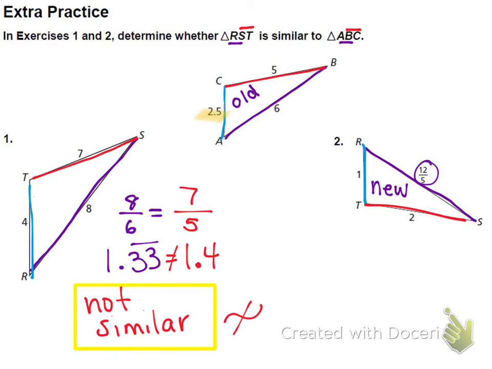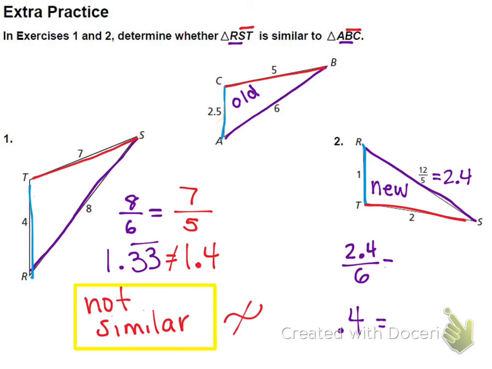Do you want to start with the ugly one first? Sure. So 12 over 5 is the new length. What is that as a decimal, though? 2.4? So 2.4 is the new length over the old length, which is 6. So again, we're going to turn this into a decimal. What does it make? 0.4.